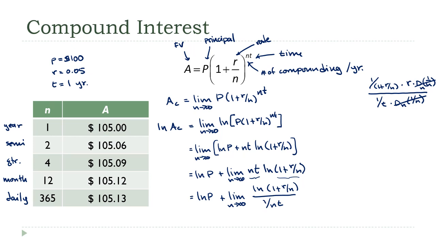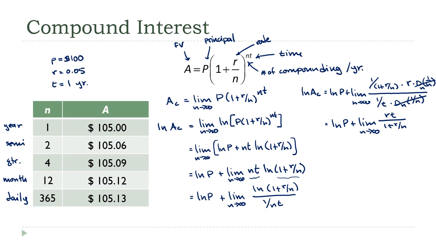And so log A_C equals log P plus the limit as n goes to infinity. And now we're ready to do that limit, but I'm going to clean up the fraction first. This is the log of P plus the limit as n goes to infinity of rt over 1 plus r/n.